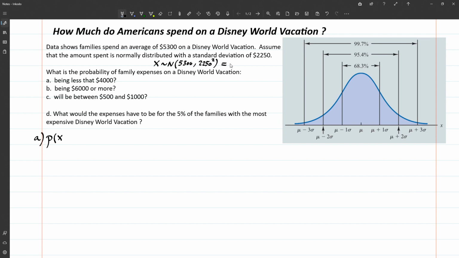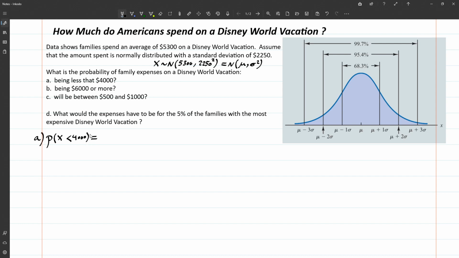This is what we usually refer to as a normal distribution with a mean of mu and variance of sigma squared. For this random variable in part A, we are interested in the chance that its value is less than 4,000.